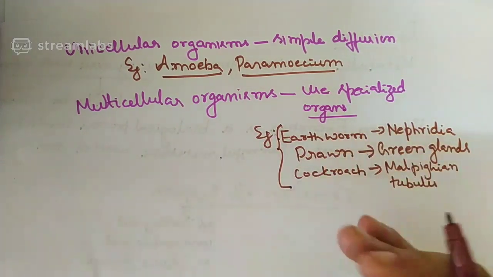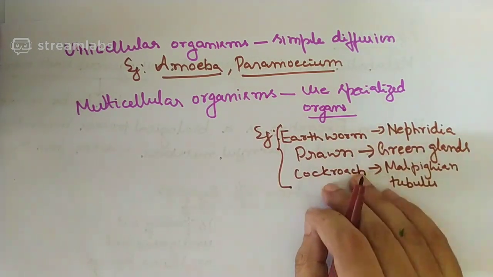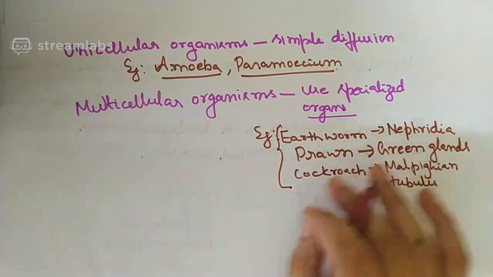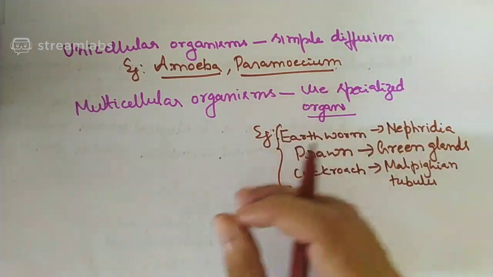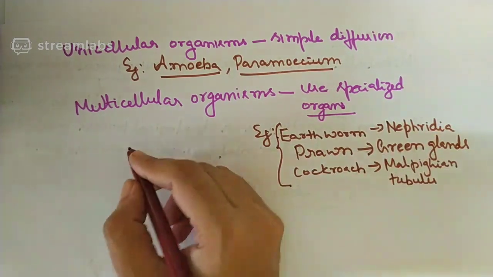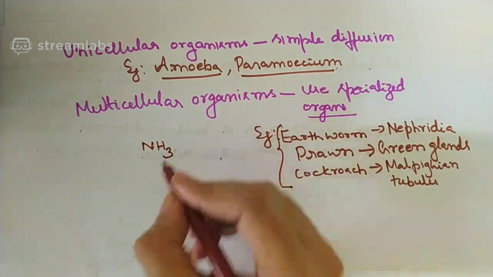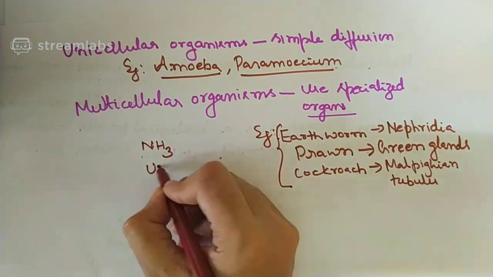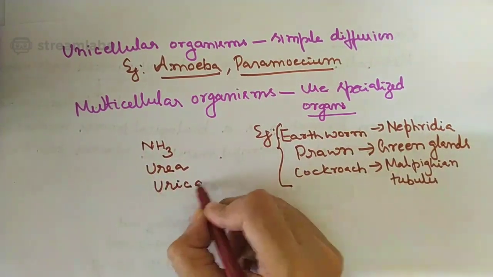I gave you the examples of earthworm, prawn and cockroach just to say that different types of organisms have different types of excretory organs. And the nitrogenous waste which is excreted also varies. Few organisms excrete ammonia, few excrete urea, few excrete uric acid.